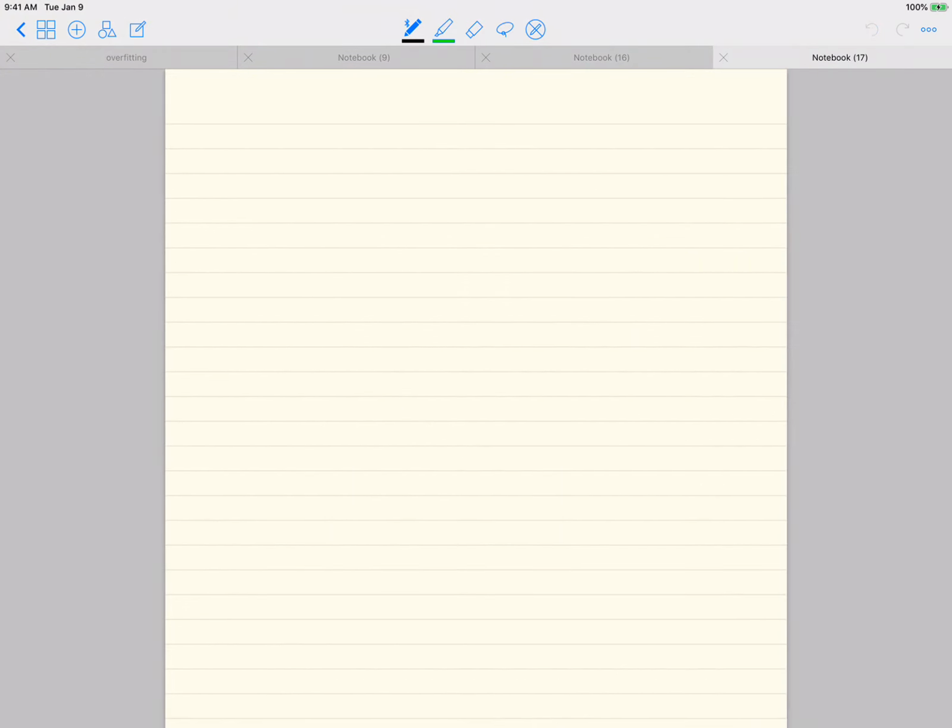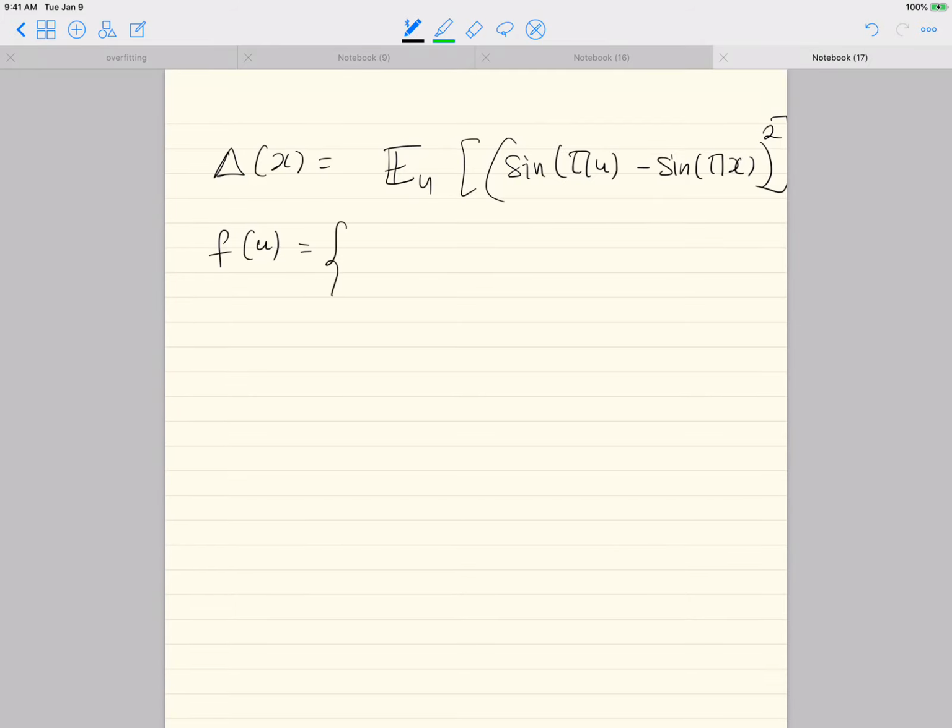So what I have to compute is delta of X, which is the expected value over U of sine pi U minus sine pi X, squared, where X is fixed and U is uniform between -1 and 1.